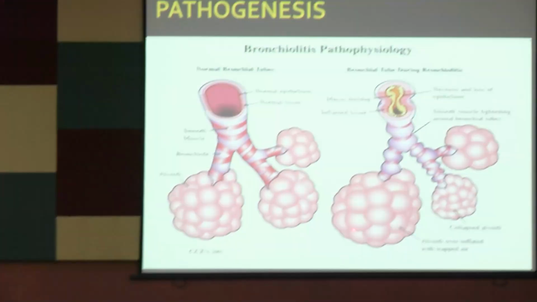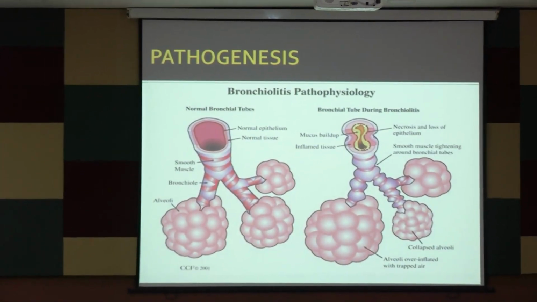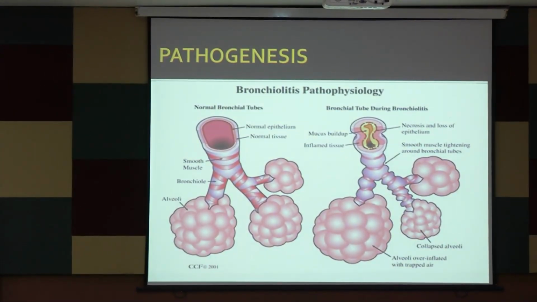The air is going in, but air does not come out easily. So there is air trapping, alveoli overinflated with trapped air. And when the obstruction persists for a longer period of time, there is absorption of the air causing collapse of the alveoli.